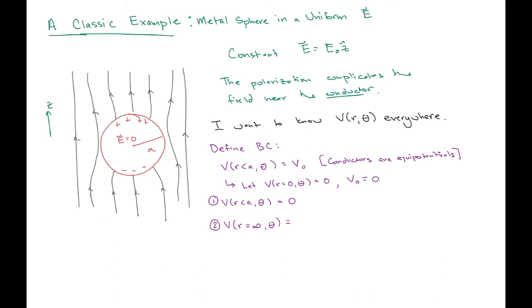So in this case, it makes sense that the potential is going to be the integral of that electric field, such that when I take the gradient of the potential, I do get the negative of the electric field. So if I take the derivative with respect to z of negative E naught z, I do in fact get the negative of the electric field far away from the conductor, which should be constant and in the z direction. Okay, so those are my boundary conditions. Sweet.